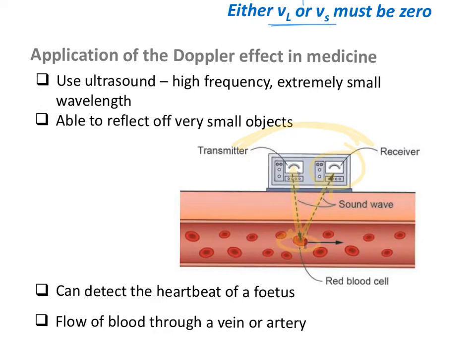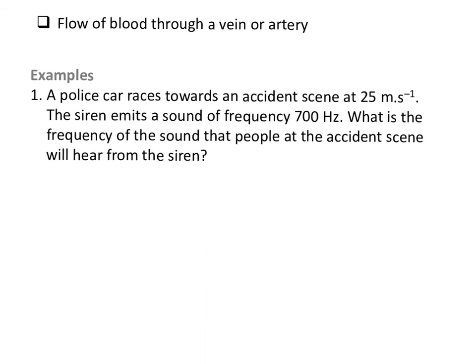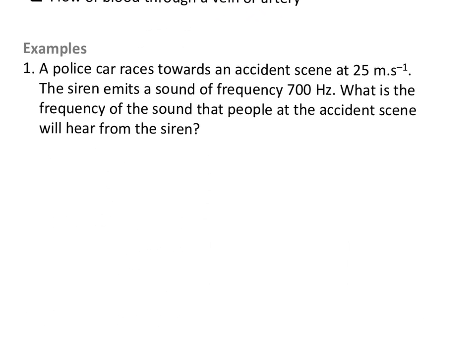So this is a good way to look at whether a patient needs heart surgery, whether there's an issue with their veins, or the rate at which a baby's heart is moving. So it's nice and easy, and it's non-invasive, so it's safer. Okay, so let's look at these examples.